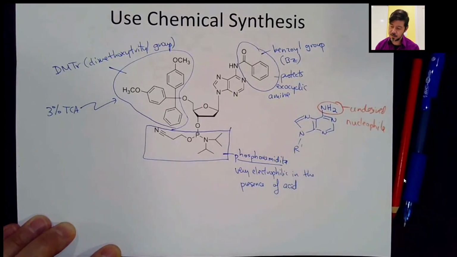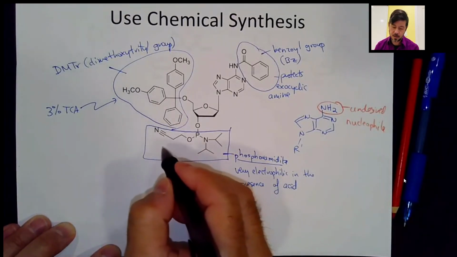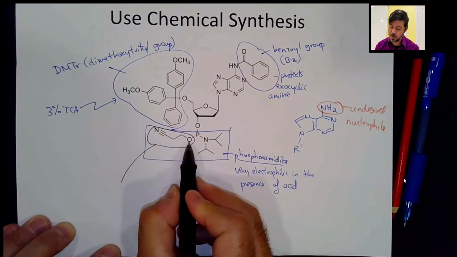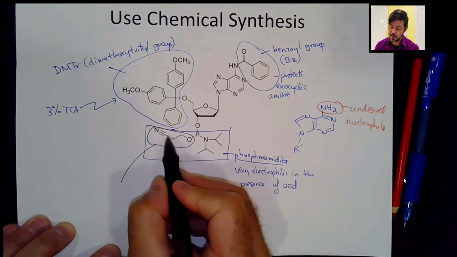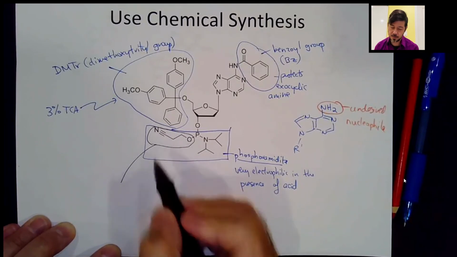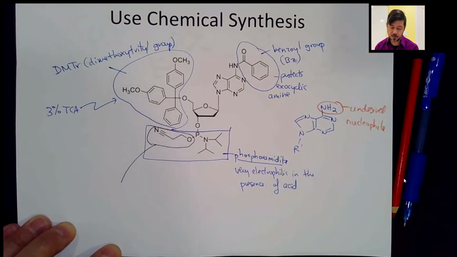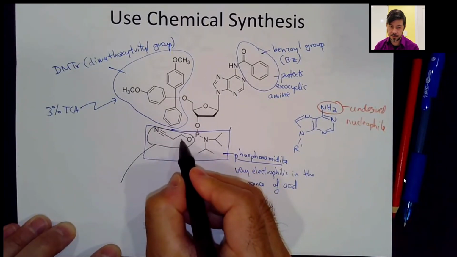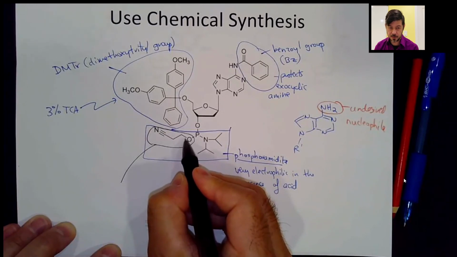Attached to this phosphorus is this group here, which is an O-cyanoethyl, so 2 carbons, O-cyanoethyl protecting group. And this protects the phosphorus. It also protects the oxygen from the phosphate backbone from reacting.